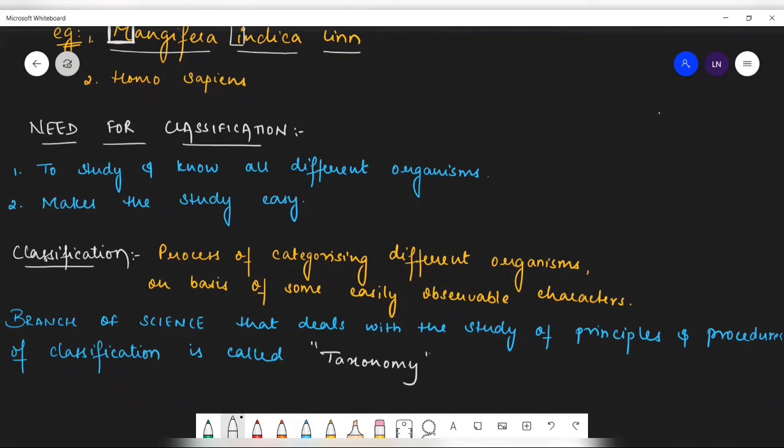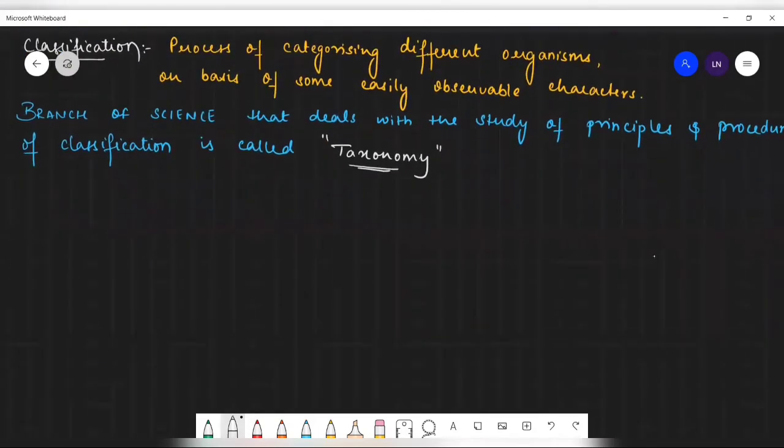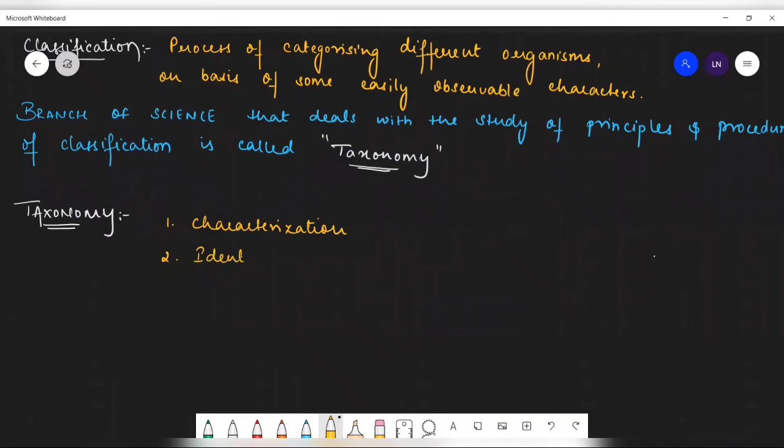Now, what does taxonomy include? Let's see. Taxonomy includes four steps. The first step is characterization, the second step is identification, the third step is classification, and the fourth step is nomenclature.